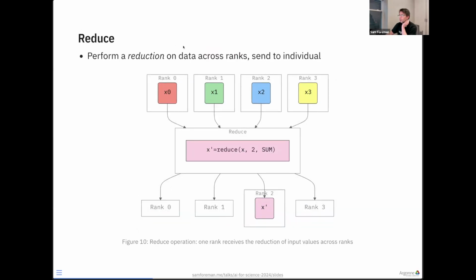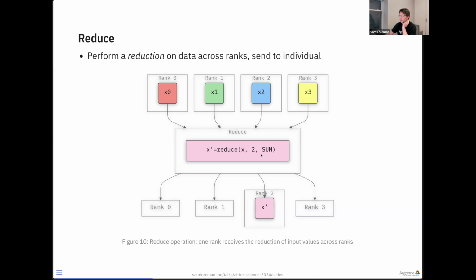There's a more specialized operation. Instead of sending this result back out to everyone collectively, you can imagine just sending it to an individual GPU. That's called a general reduce instead of an all-reduce. So all-reduce sends it out to all of the workers, and reduce just sends it out to an individual worker.